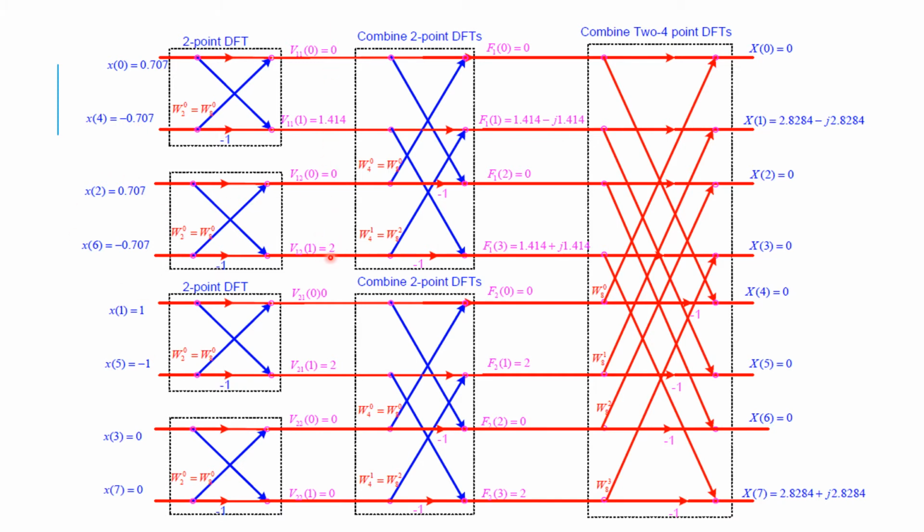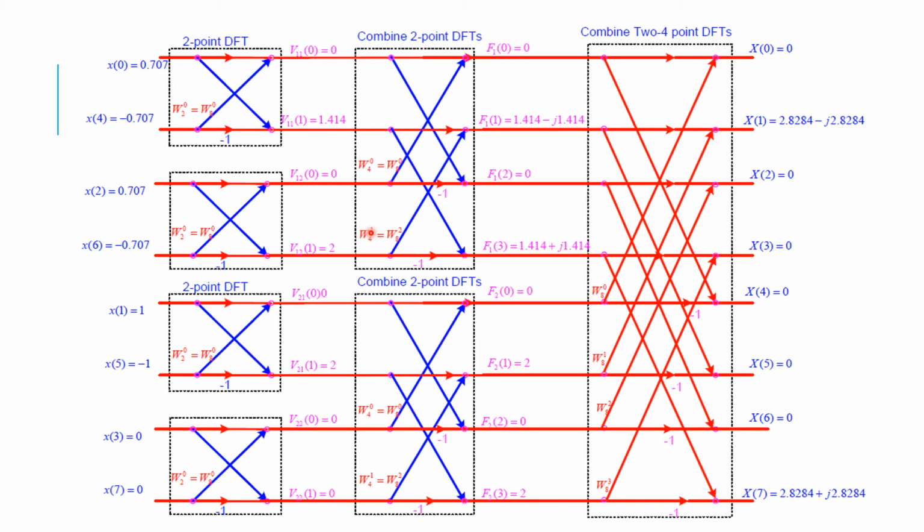So it is 1.414. So sorry for that. So 1.414. Now what will happen? 1.414 is the input at this point. Already we have dropped 1.414 from this point. Now this 1.414 into W8 to the power of 2 is minus j, right?